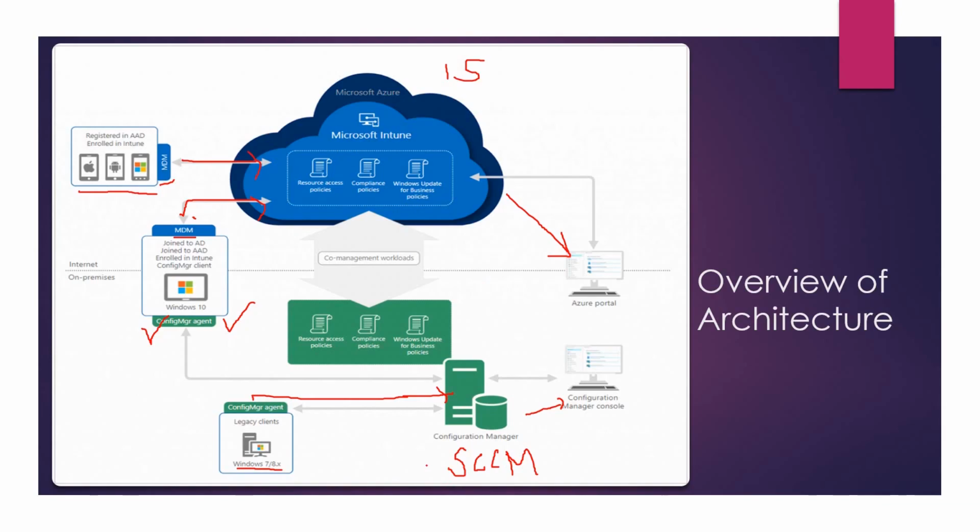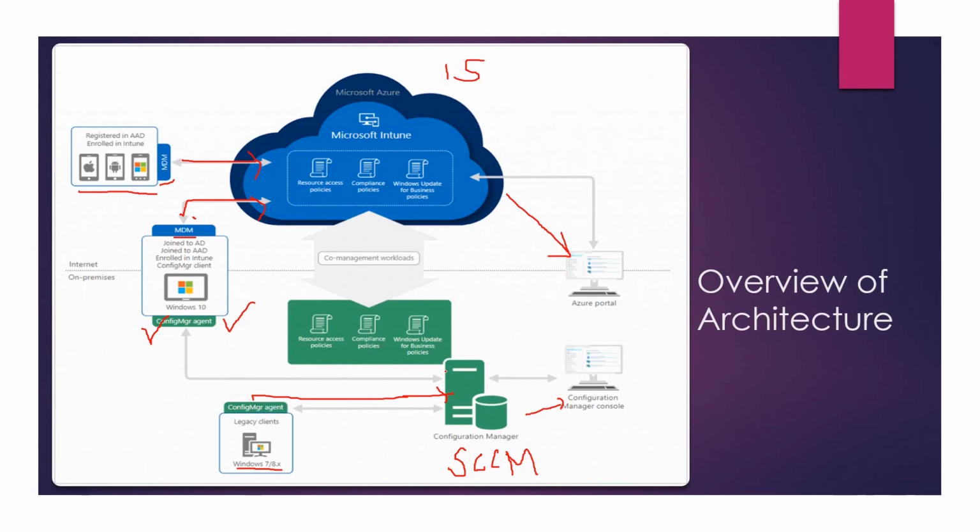We have the SCCM, we have the Intune, we have Windows 7 and 8 devices which are talking only with SCCM, we have the mobile devices which are only talking with Intune, and in between we have a Windows 10 device which is being managed by a configuration manager agent because the device is joined to the domain and has the SCCM client installed in it.